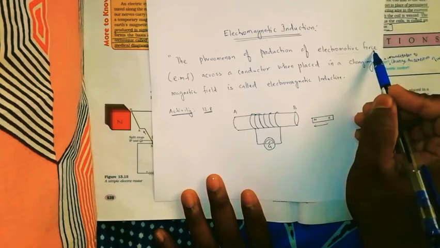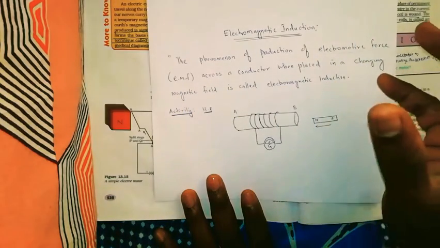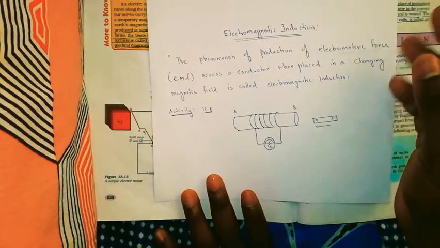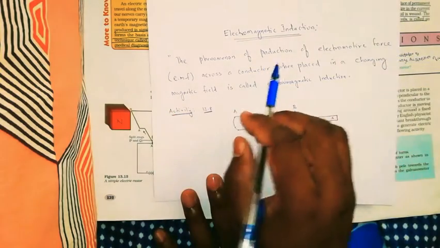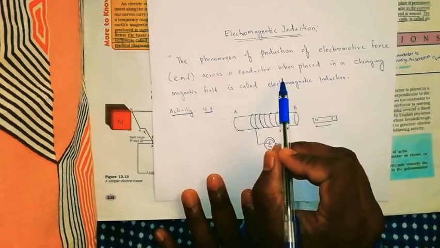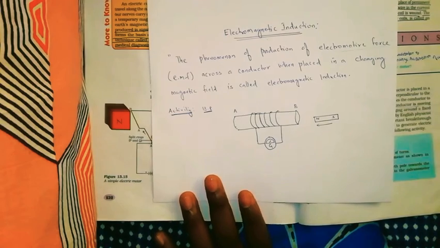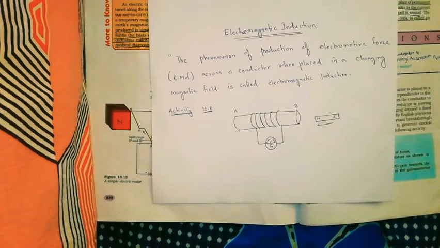Electromotive force is EMF, or you can think of it as current, electricity. The phenomenon of production of current across a conductor when placed in a changing magnetic field is called electromagnetic induction.